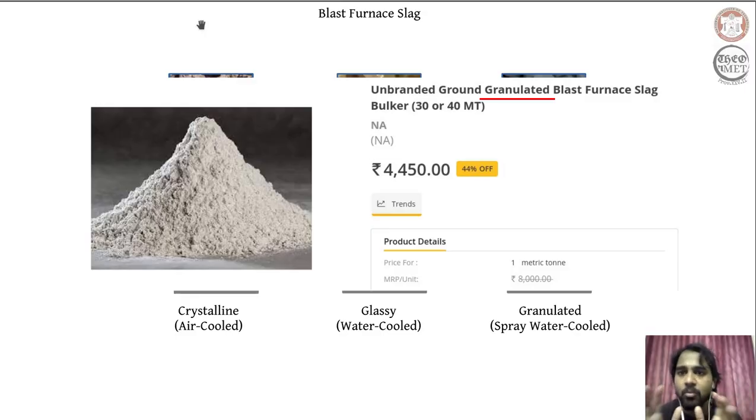And we see that one form of blast furnace slag is being sold, and they have explicitly specified it. So we are going to understand why it is the granulated blast furnace slag that is preferred over the other forms of slag. And while we are doing so, we will understand the dominant way of managing the blast furnace slag.